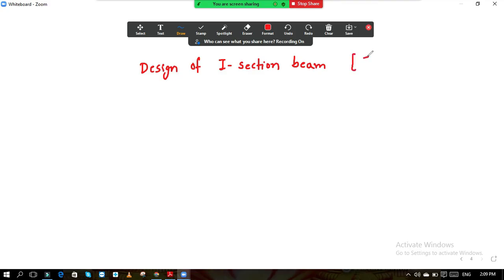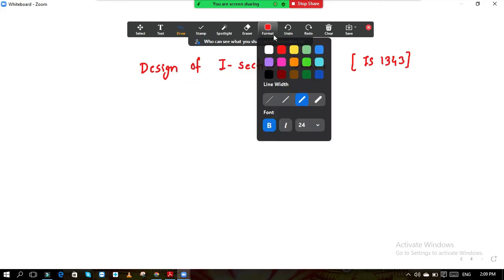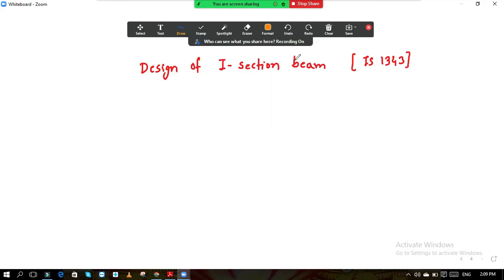This is the design procedure as per IS 1343. Write down, take these points.